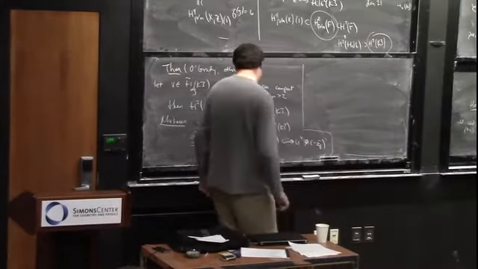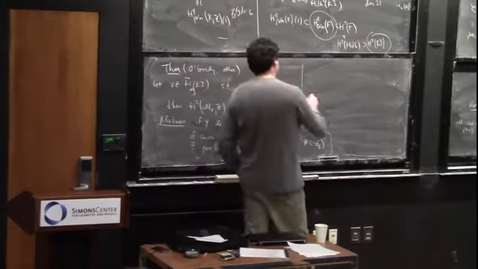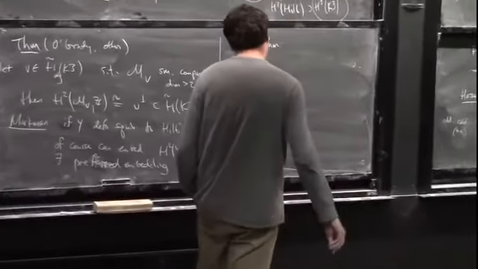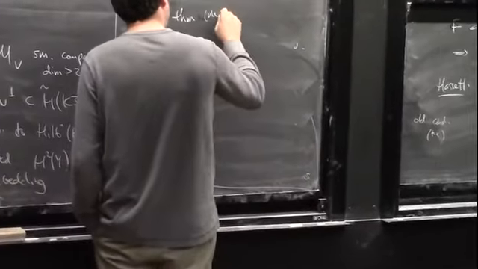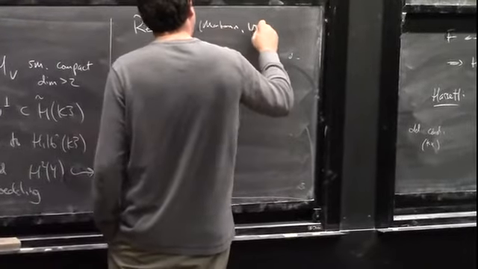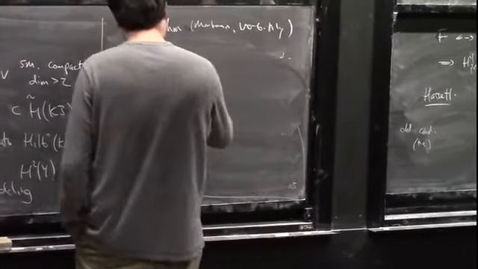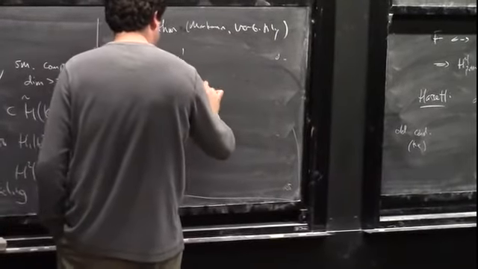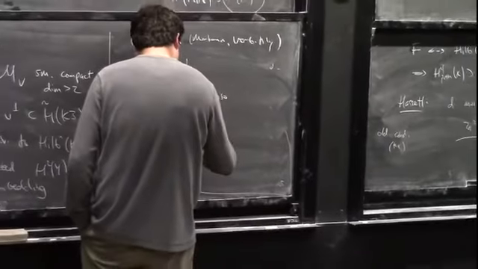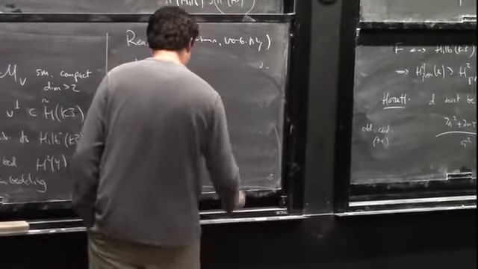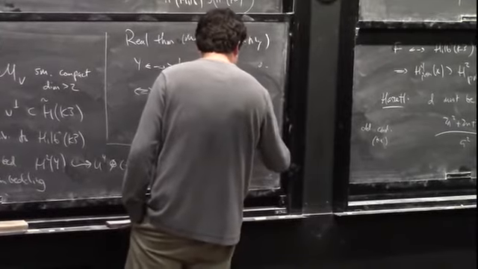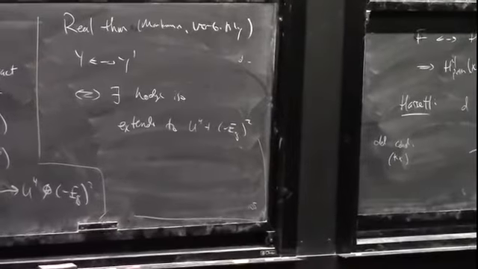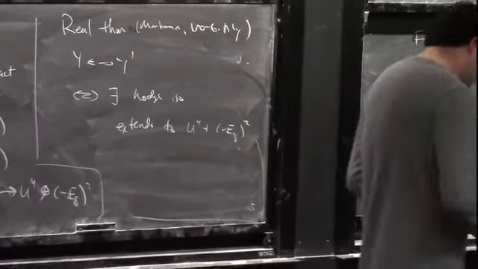And then the real theorem, this is Markman and Rubitsky, is that Y is birational to Y prime if and only if there exists a Hodge isometry that extends to the bigger Mukai lattice in this preferred embedding.